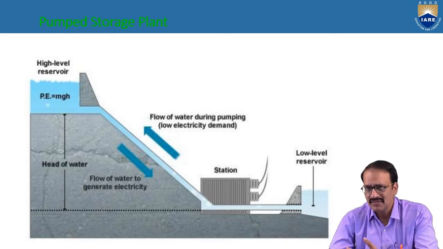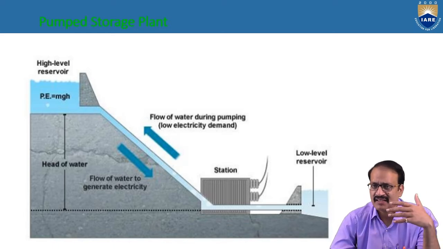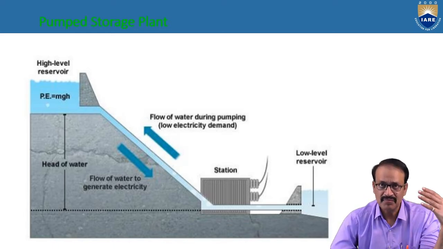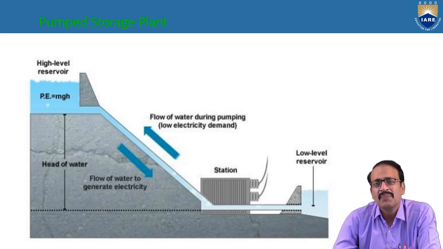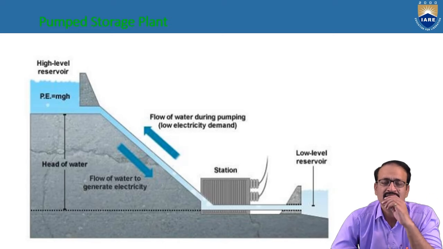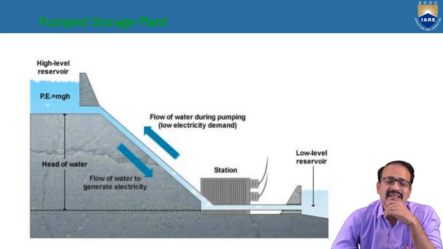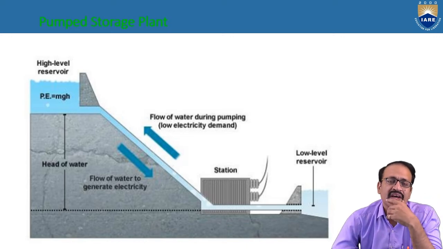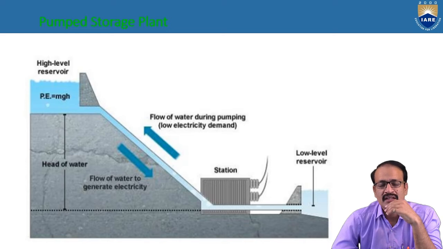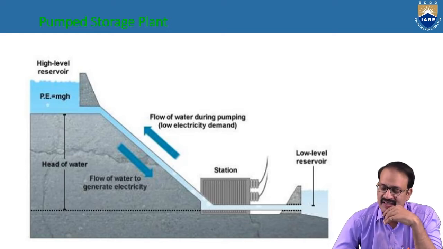So simply we can say that this consists of a high level reservoir and a lower level reservoir. So during the less demand times, we will pump the water which is stored in the low level reservoir to the high level reservoir, and during the peak demand times, we will release the water from the high level reservoir to generate the electricity which is needed to meet the demand.